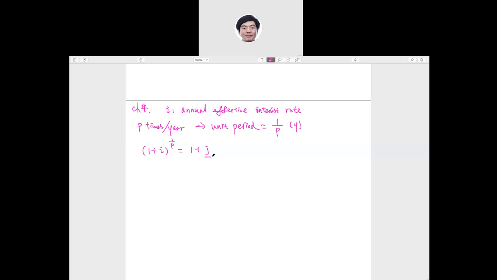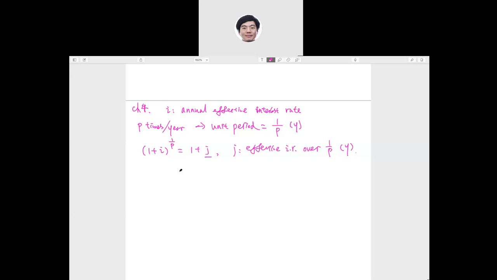So assume J is the effective interest rate over 1 over P number of years. This is the definition, right?